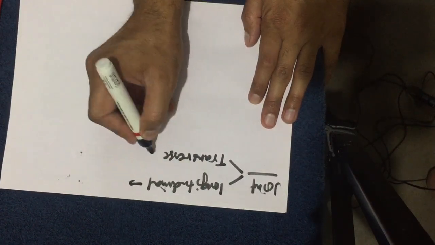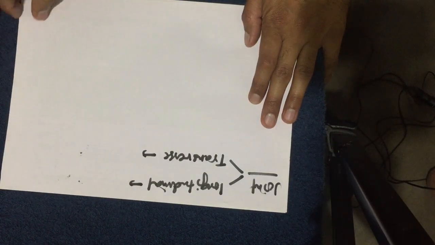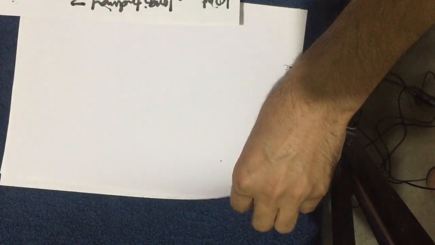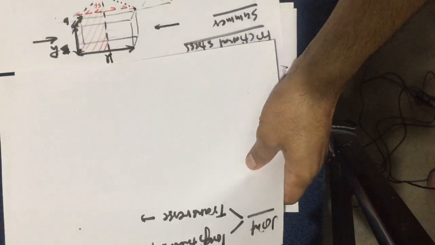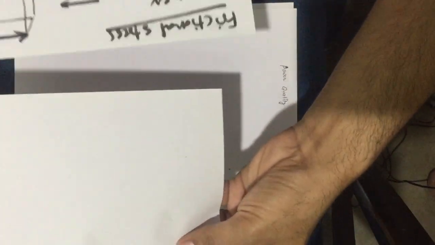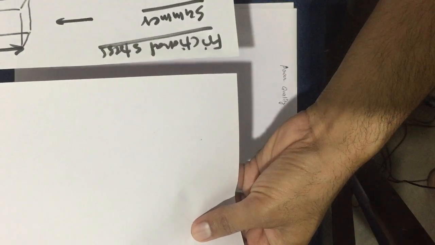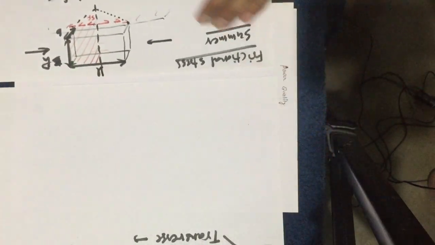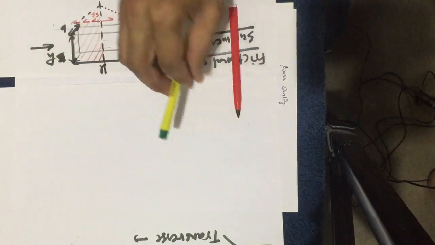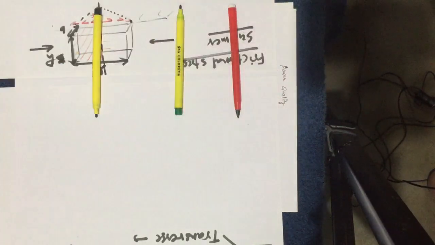Transverse joints. So what does it mean? For example, these are the two pavement slabs. This is the complete pavement slab, and if you have to provide a joint alongside the pavement, you need to knot or tie these two slabs together like this. This is the traffic going on.